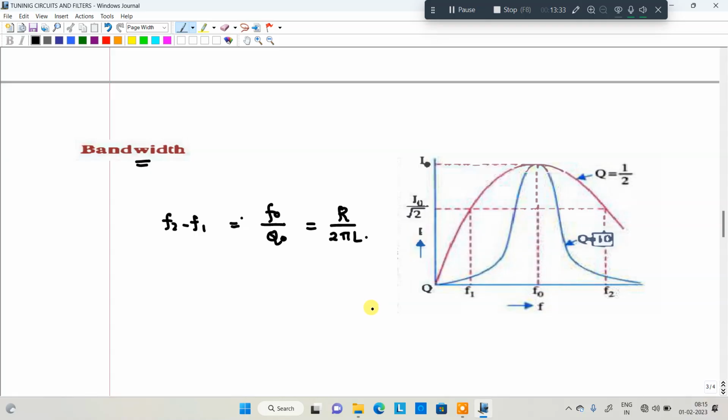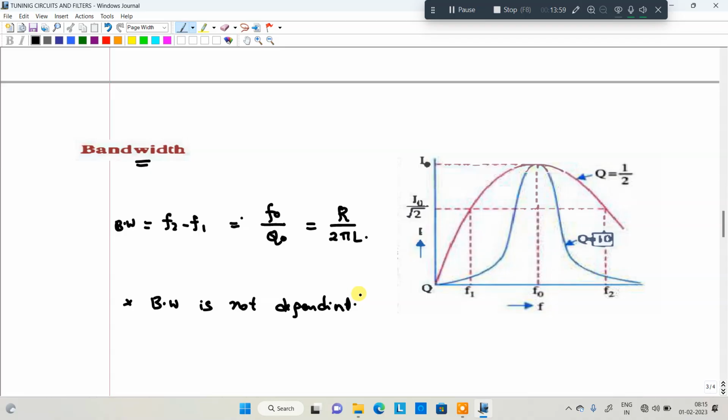While observing this equation, very, very important: the bandwidth is not depending upon the capacitor. The bandwidth is independent of the capacitor. The bandwidth depends upon the resistance as well as the inductance.